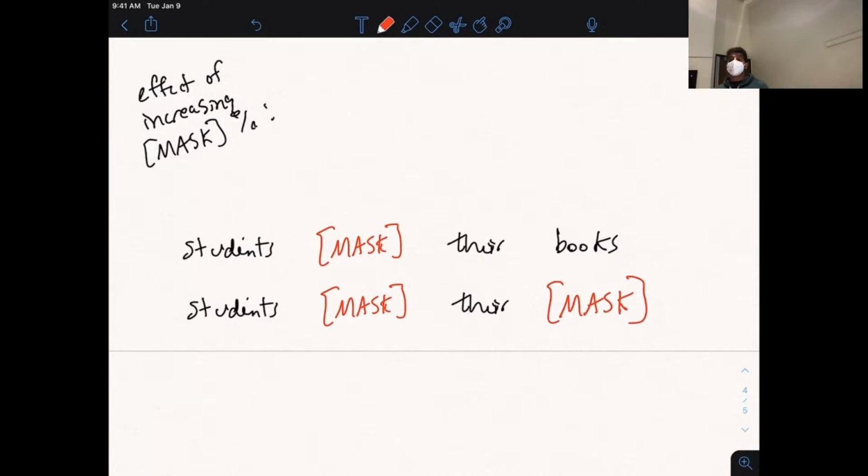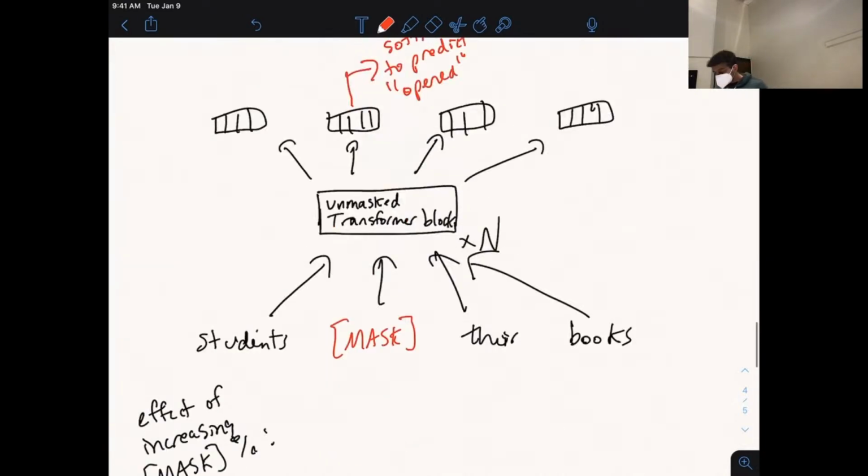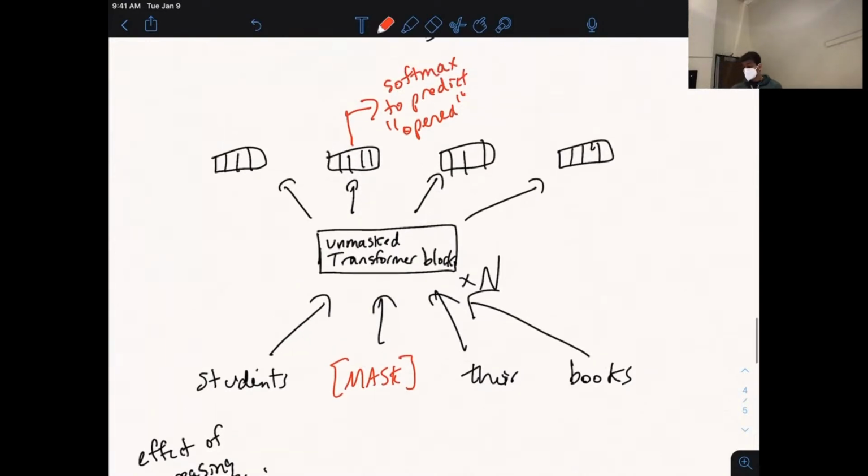So there's a balance between masking out as few tokens as possible, to give the model as much context as it can to predict the missing words. But on the other hand, if I only mask one token in every input sequence, I only get one prediction for that whole sequence.